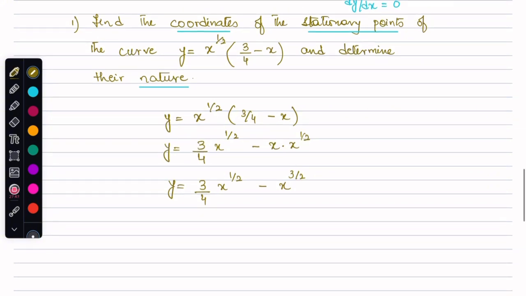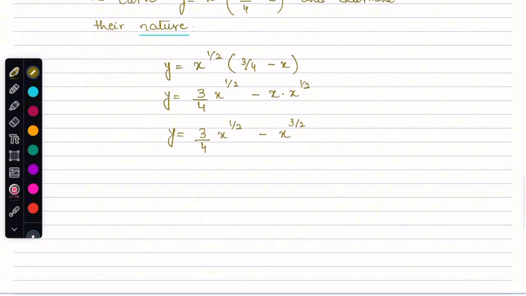Here I can get the first differential, differentiating y with respect to x, it's dy by dx. This shall be 3 by 4 times the power, which is 1 by 2, and then x to the power 1 by 2 minus 1.